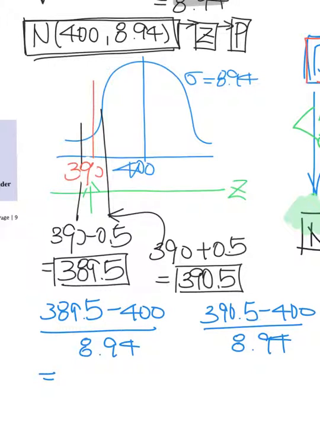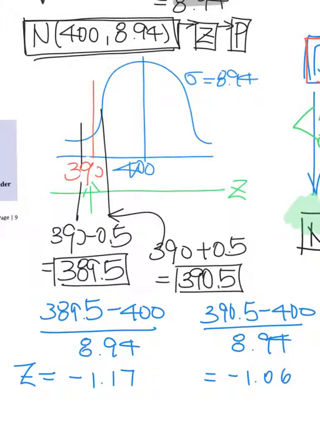So how much will be the z-score at 389.5, please? Negative 1.17. Yes, we need only two decimal places. And how much will be the other z-score at 390.5? Negative 1.06.